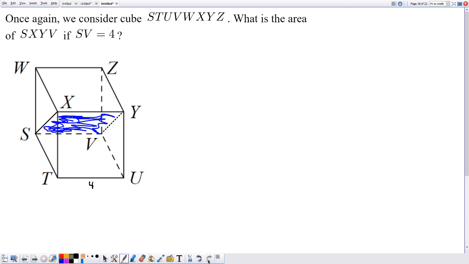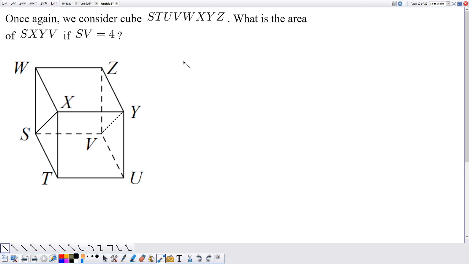So what do we need to know in order to find that area? Well, we need the dimensions, and it's a rectangular object. So what I could do is off to the side, just draw it out separately in its pure two-dimensional form, just like this.